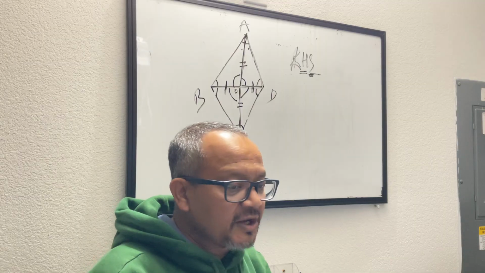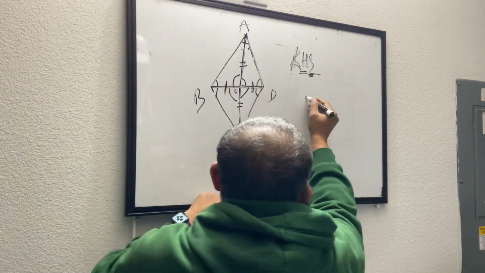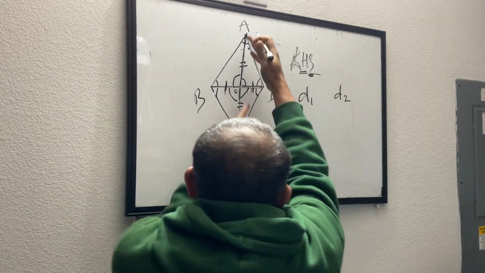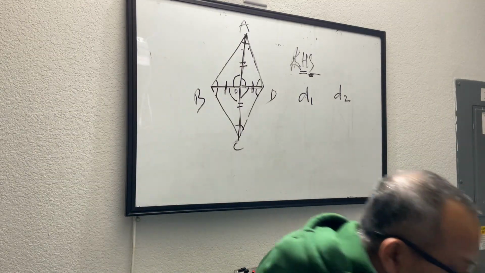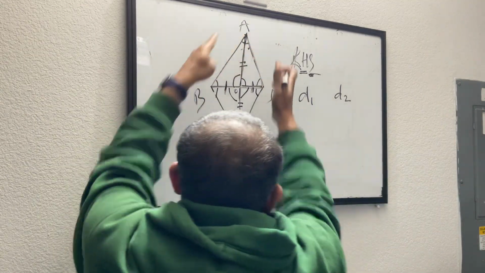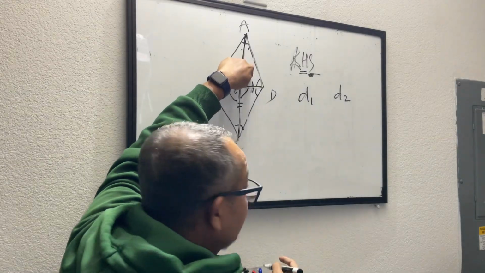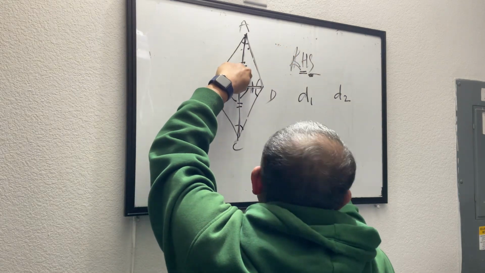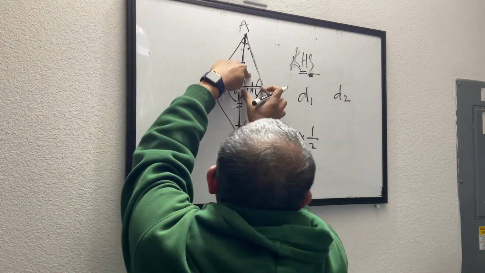What I'm trying to prove here is, if I have a rhombus which has diagonals D1 and D2, they are splitting each other into half, and if I have to find out the area of this rhombus, that will be 4 times the area of one of the right angle triangle. 4 into area of this right angle triangle, which will be half into base into height.